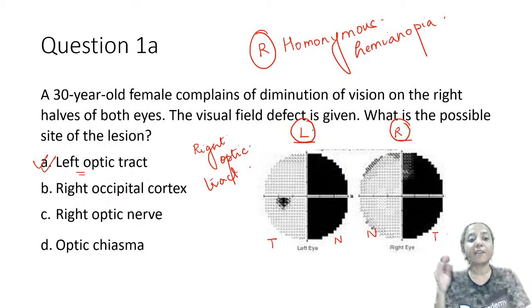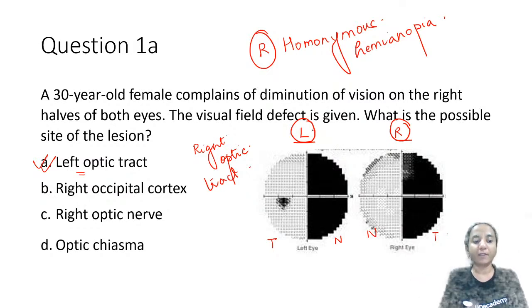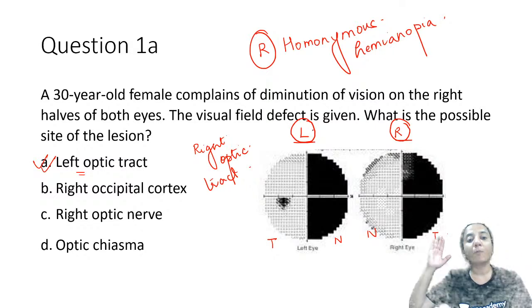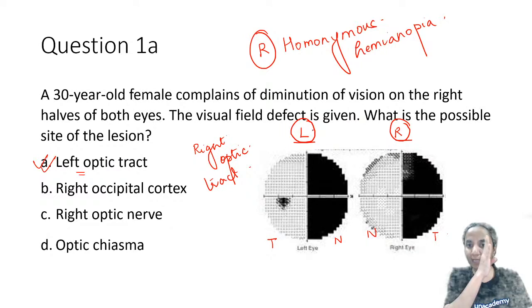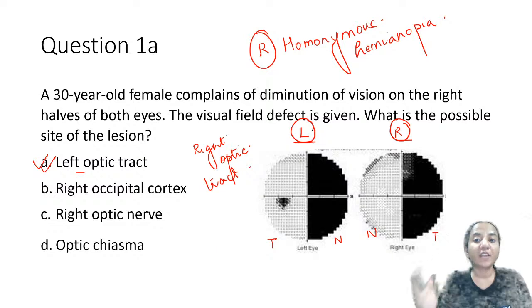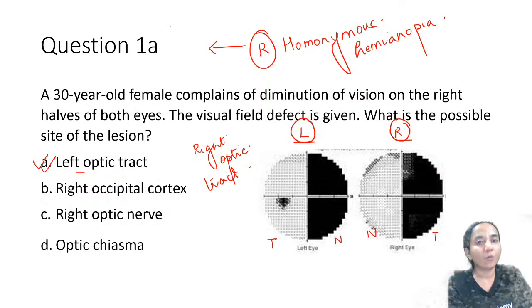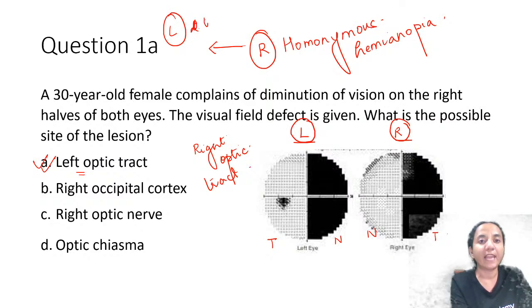This represents a right homonymous hemianopia because the nasal part of the left eye and the temporal part of the right eye are both on your right hand side. So if it is a right homonymous hemianopia, then the site of lesion is going to be the left optic tract.